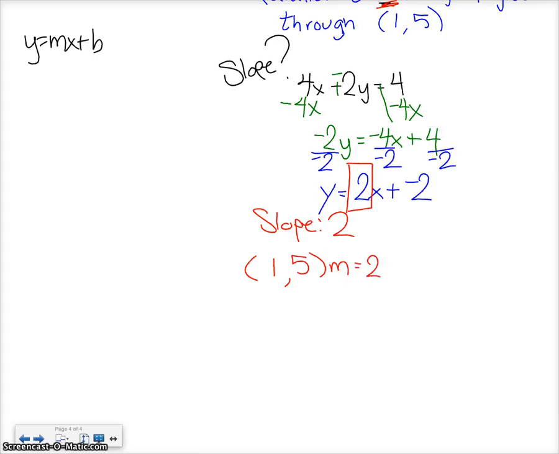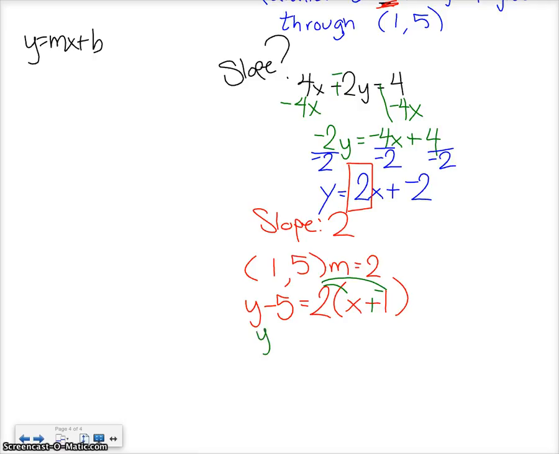The third thing, I use point slope form. Notice I'm given a point and the slope, so I use point slope. Y minus the y I'm given is equal to my slope times x minus the x I'm given. And plussing a negative, I always do that when I'm distributing, or if I'm going to be solving.